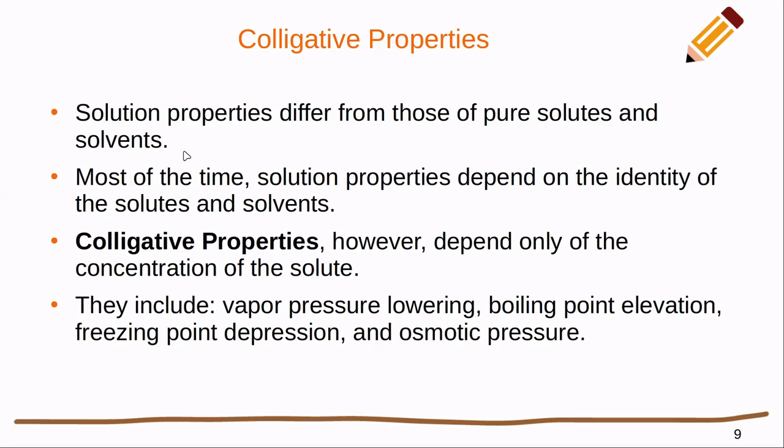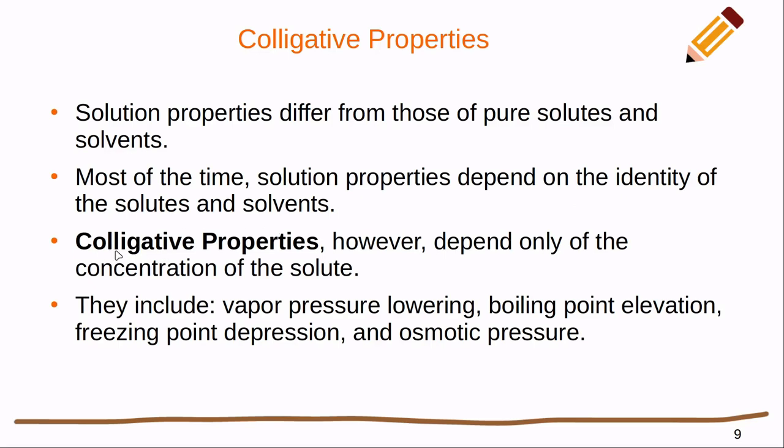So, we know now that solution properties differ from those of the pure solutes and the pure solvents, right? The densities may be different. Other values may be different between them. But most of the time, this deviation in the properties is going to depend upon the identity of the solutes and the solvents.